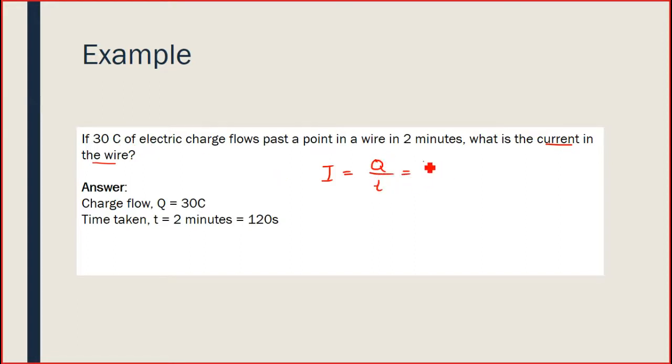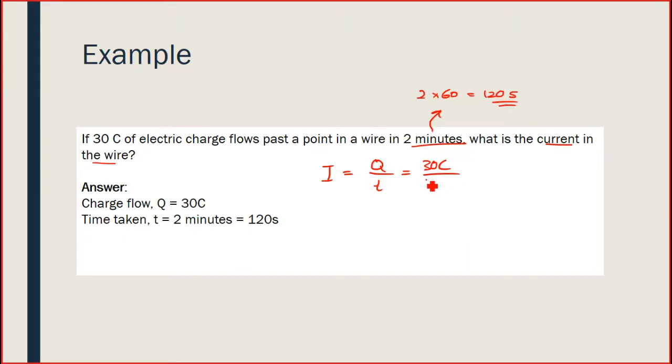The Q is 30 coulomb. The time is 2 minutes. The trick over here is this is in minutes, so always change into standard unit. 2 minutes times 60 is going to be 120 seconds.